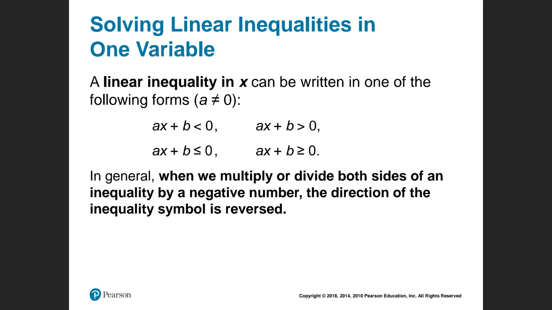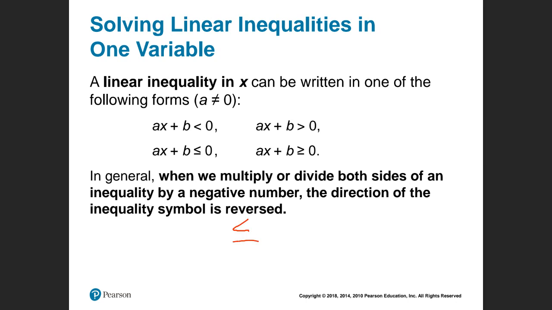In general, when we multiply or divide both sides of an inequality by a negative number, the direction of the inequality symbol is reversed. Okay, so be careful. If you multiply or divide by a negative, you change the direction.